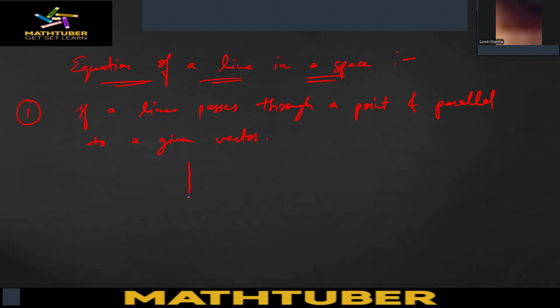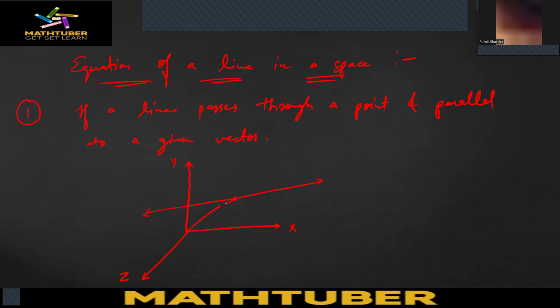So let us take this is the three-dimensional space. This is the x-axis, y-axis, and z-axis. Let us take there is a line through the three-dimensional space, and it is passing through a point.